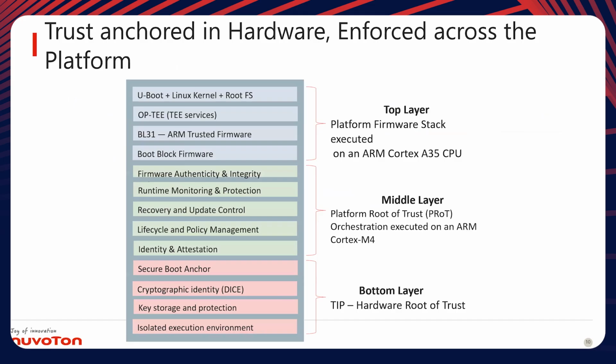On top of that we have the middle layer, which is the platform root of trust, where all these features required to protect your platform come into play. And then on top of that is your firmware, the OpenBMC firmware or any proprietary BMC stack that may be implemented.